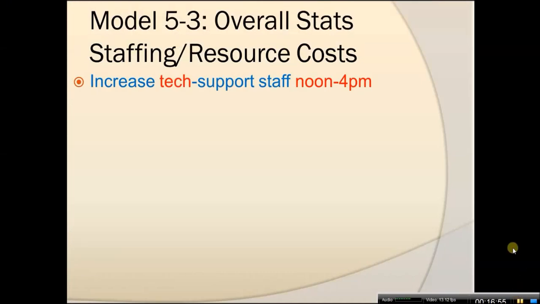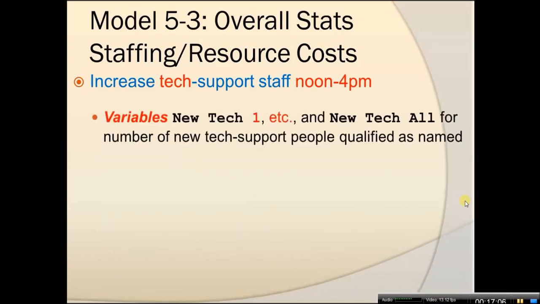is increase tech support staff from noon to 4 p.m., because the tech support staff is also highly utilized. So again, similarly as before, we're going to define variables to do that. But because the tech support staff is different, we need to have different variables, because they're different products.